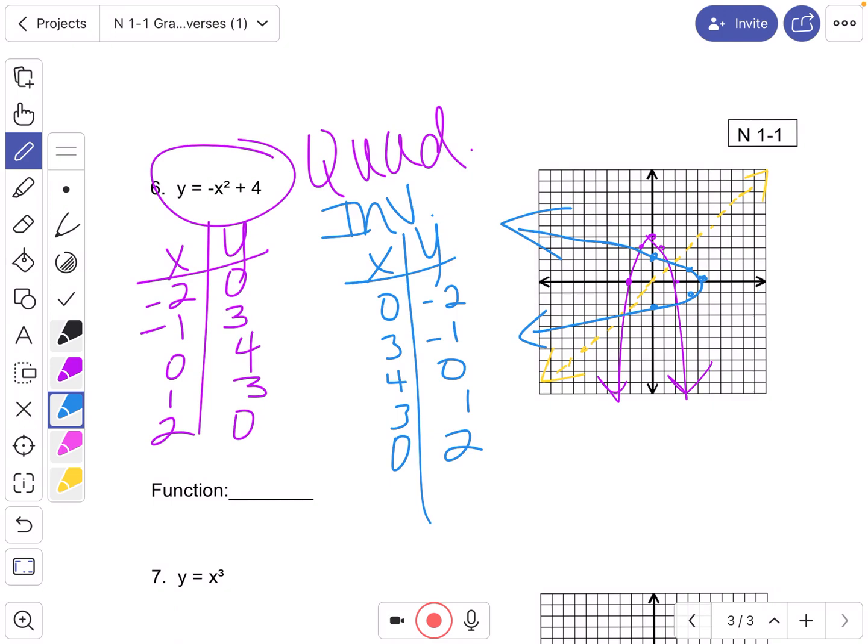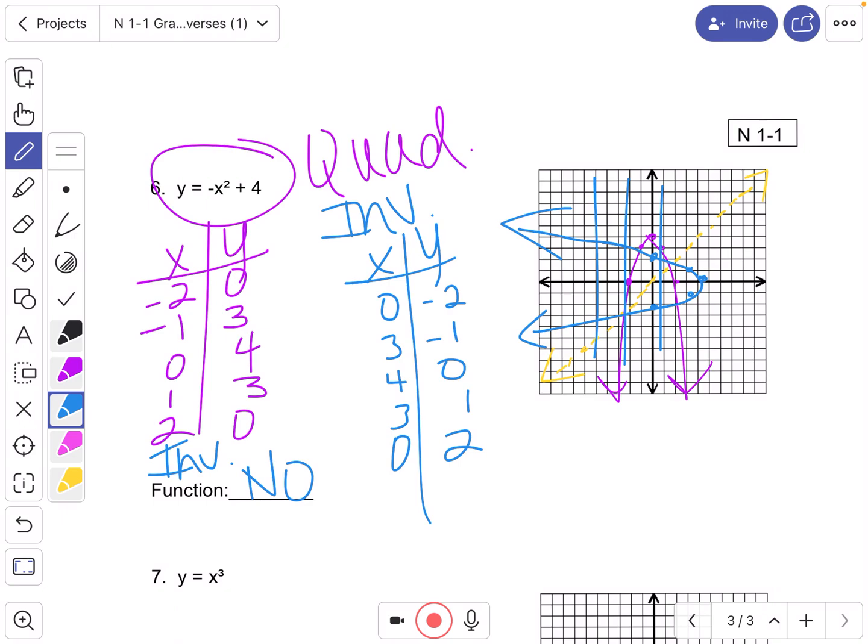Okay, so we're looking at the inverse graph. So we're looking at the blue one. So if we draw vertical lines or use our pencil, notice it's crossing at two different places, which means this is not a function. Those x's repeat.